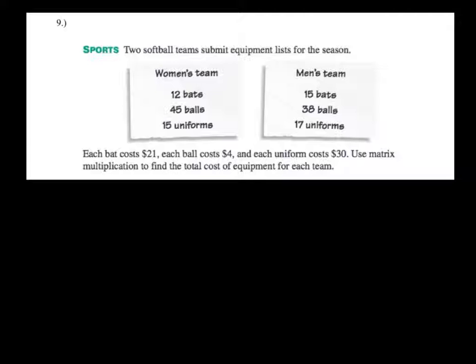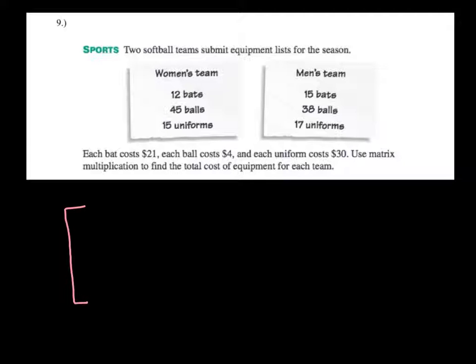The way you find a cost of something, if you have this many and each one costs this much, you multiply the number by the price or the cost, correct? So your second matrix will be the cost of each item, while the first matrix is going to be the quantity of everything.